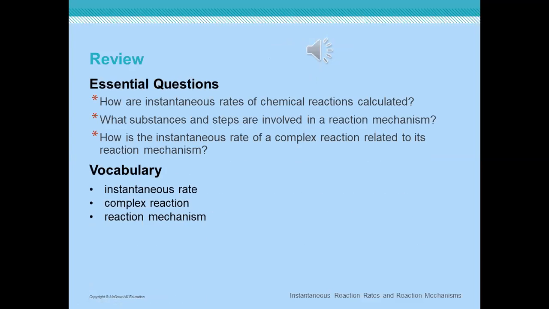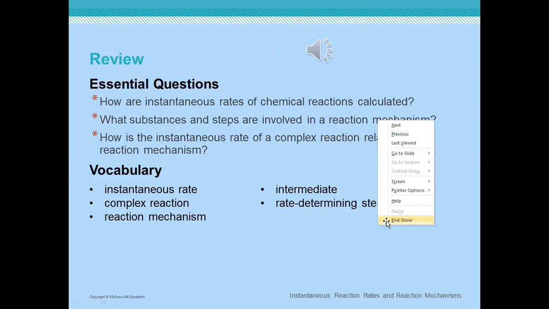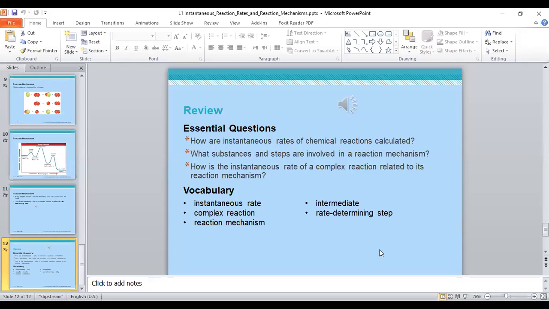Vocabulary: instantaneous rate, complex reaction, reaction mechanism, intermediate, rate-determining step. So these are the vocabulary and essential questions that we studied in this lesson. I think we finished this lesson according to this PowerPoint, and now we are going to see how we can answer the questions about this lesson.